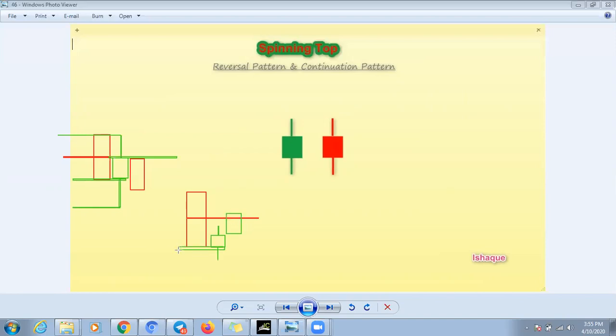In this area we found this one, this one, this one. So if this spinning top's closing price is on the 50% level, then price will go down. If the closing price of this spinning top is below the 50% level, then the next candle will go up. This is the concept. Same for the bearish candle.